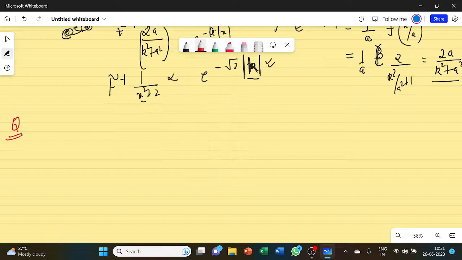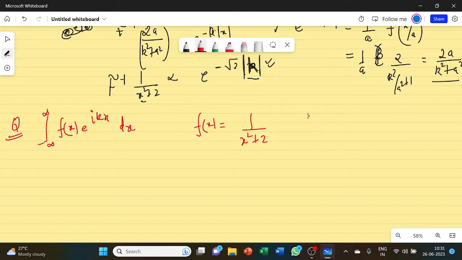One had given you that this thing is your Fourier transform, and the examiner wanted from you that you should find the Fourier transform of 1 upon x square plus 2.